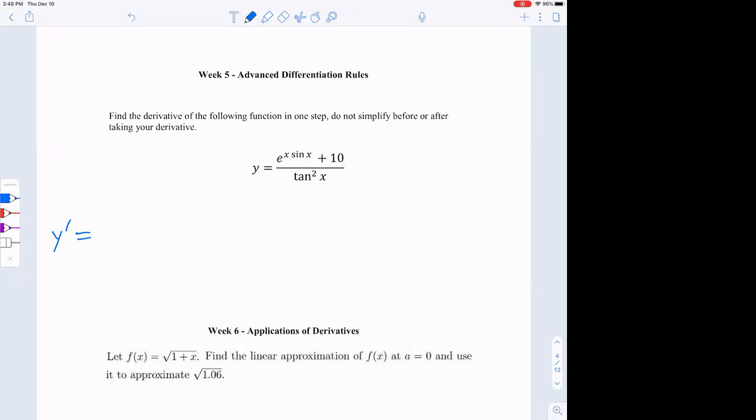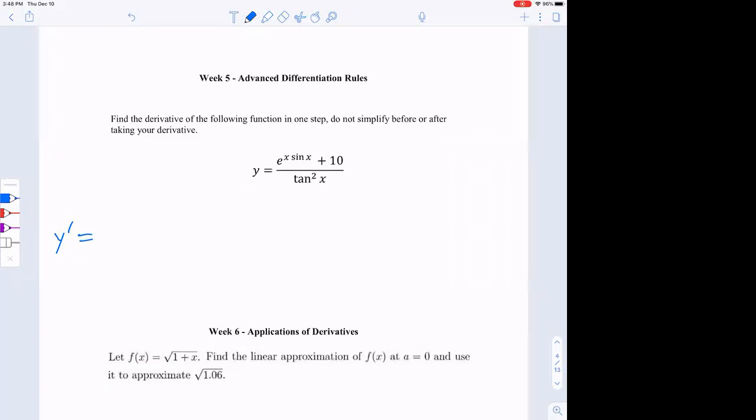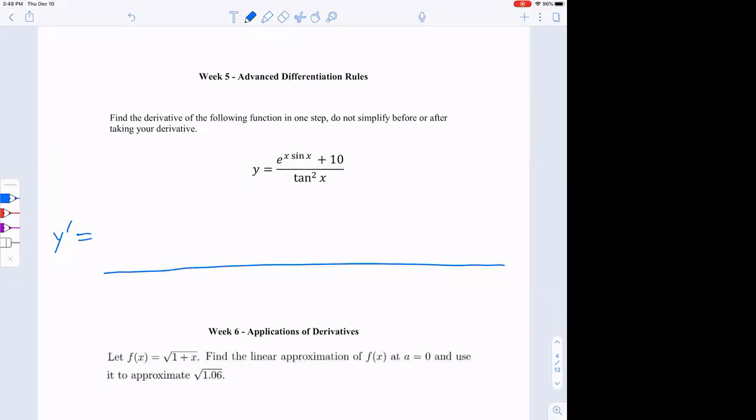Okay, so what do we have to do here? First, it's a quotient rule. So maybe we'll just write out the structure of our quotient rule. We have something minus something in the numerator, and then the denominator will get squared, so it'll be tan to the power 4. Now we just have to sort out what the numerator is. So in the numerator, first we have to deal with the derivative of the top part.